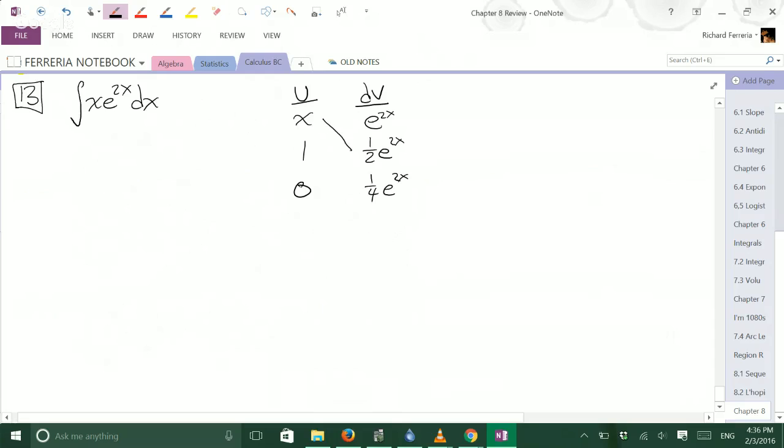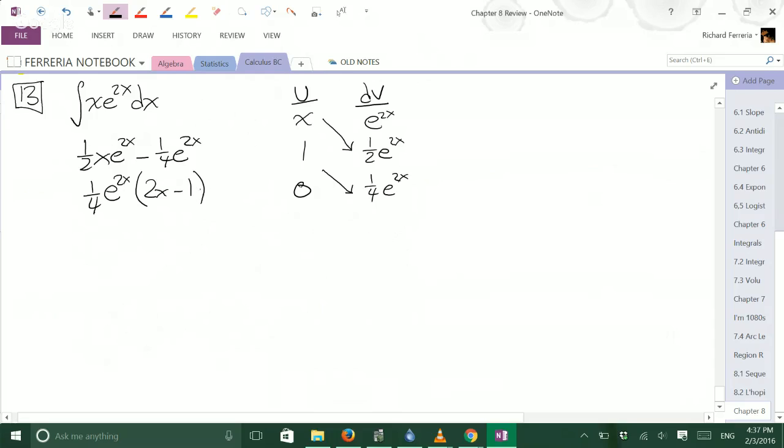Okay, so the antiderivative is 1/2 x e to the 2x minus 1/4 e to the 2x. Or if you prefer, 1/4 e to the 2x times (2x minus 1).